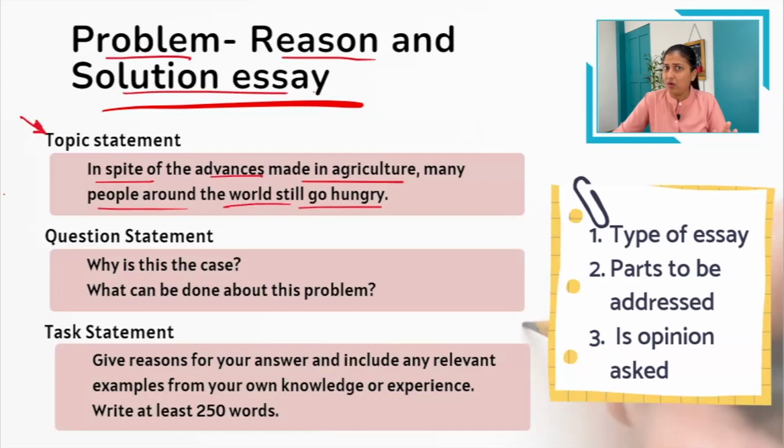Till now, we were reading questions where it mentioned some people think like this or some people believe this, others believe this. But what do I see in this case? It says, in spite of the advances made in agriculture, many people around the world still go hungry.